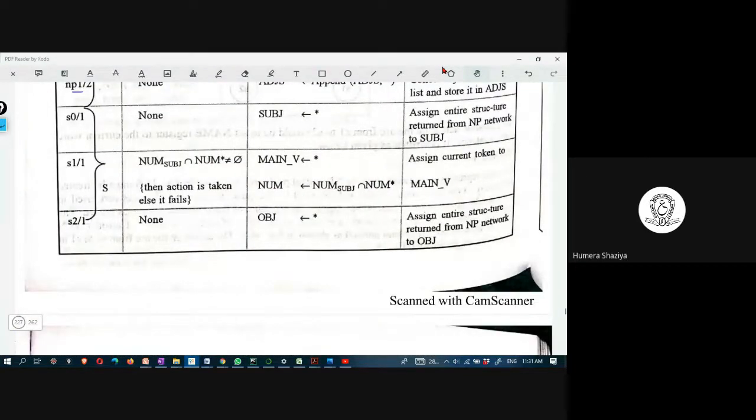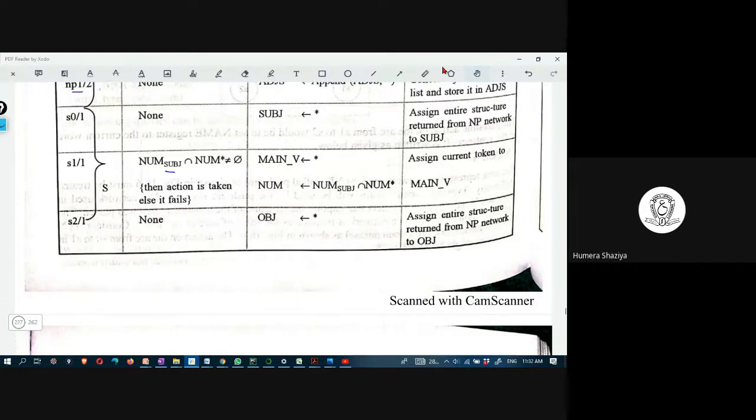S1 over 1, so we have to check whether subject is there or not. If it is not equal to 5, means there is something, then action is taken. 5 means nil, when there is nothing. If there is something, then only action is taken, otherwise action is not taken.